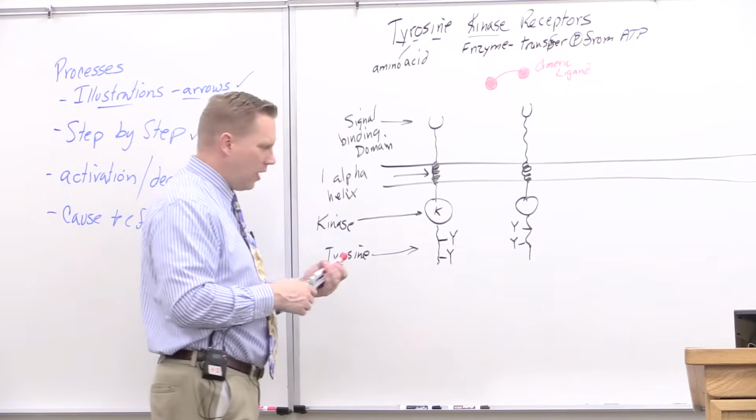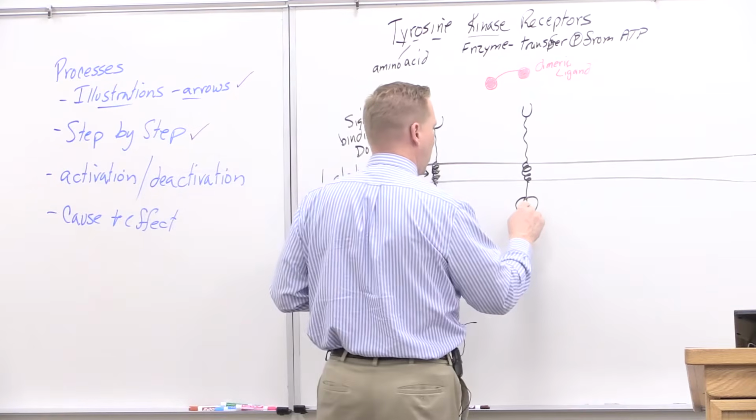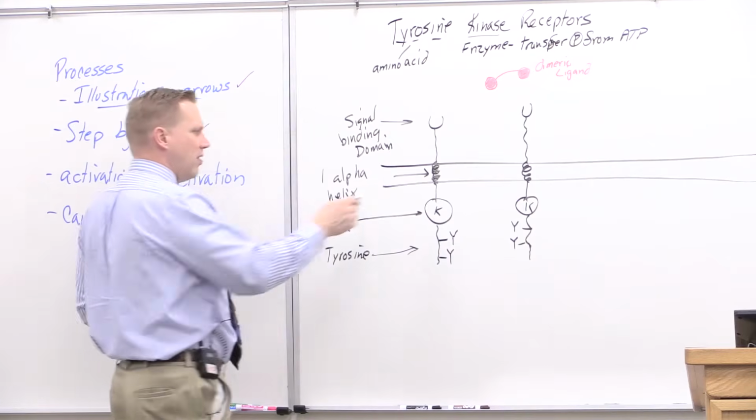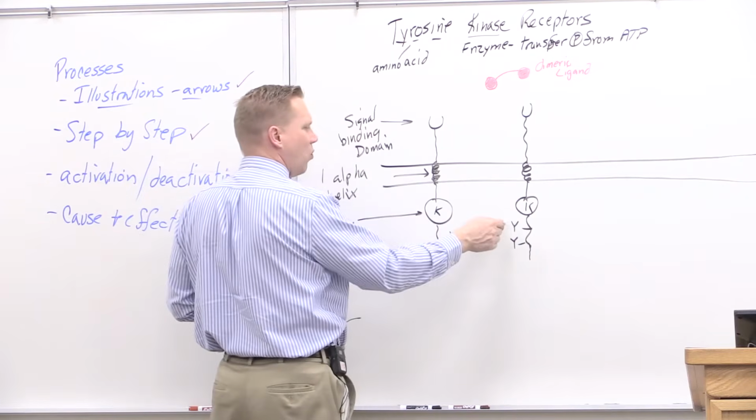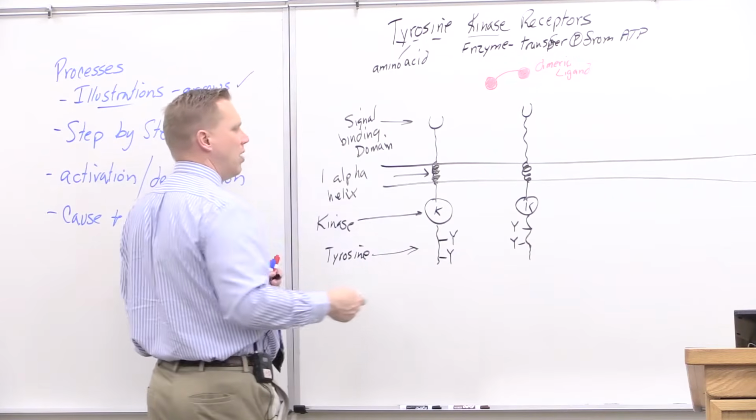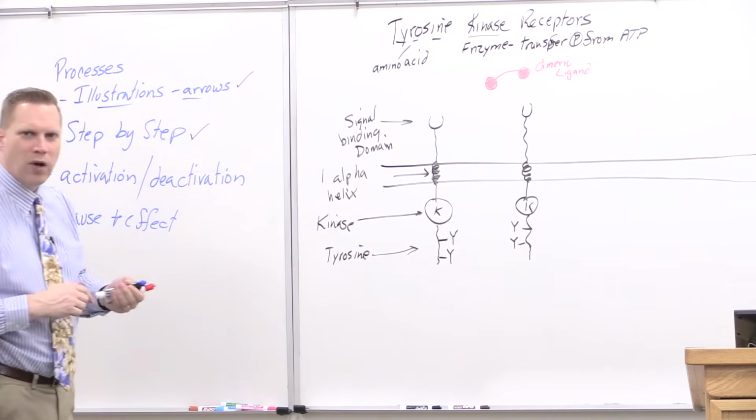However, if we can get that receptor to hook up with another receptor, this kinase is able to phosphorylate those tyrosines, and that kinase can phosphorylate those tyrosines. And so that's what we want to happen.